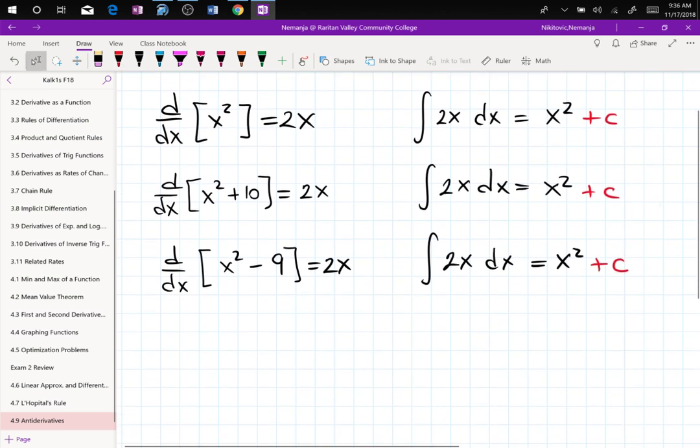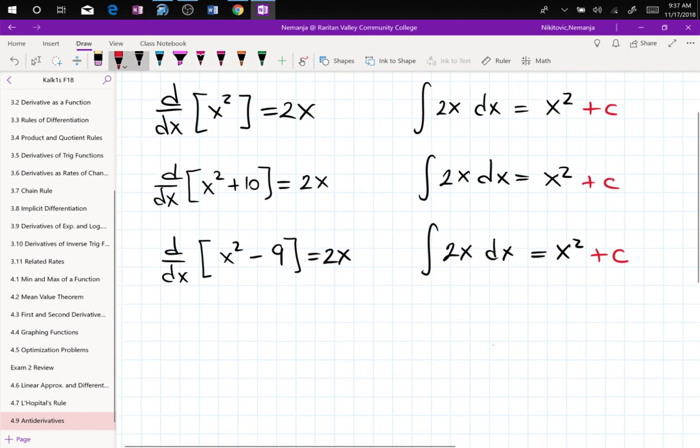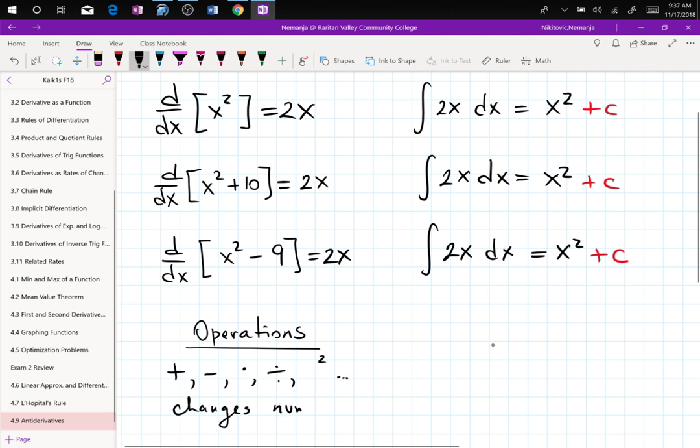Now, before we move on, I want to mention that in mathematics you have the world of operations, which are addition, subtraction, multiplication, division, squaring, and so on. And the world of operations changes numbers.